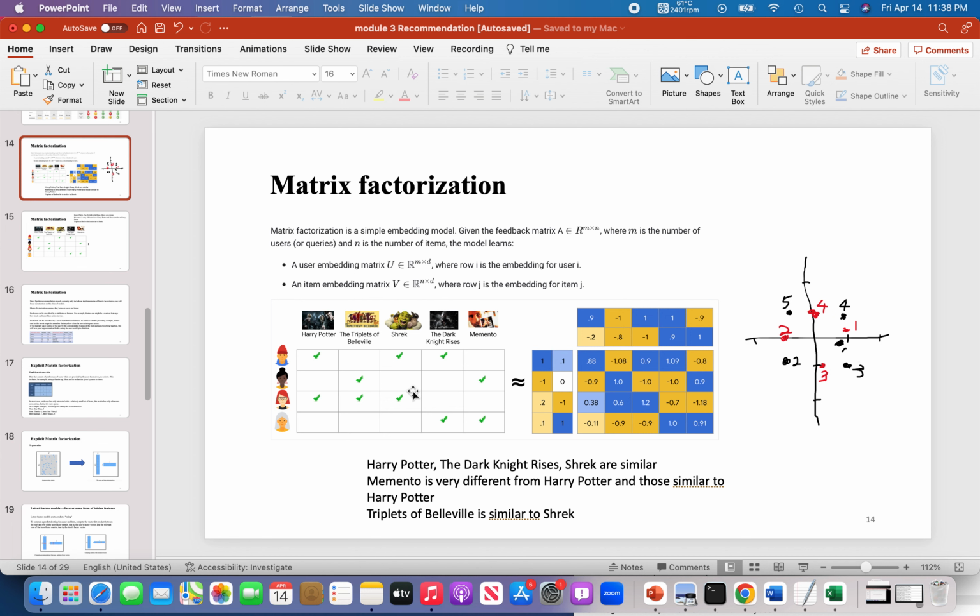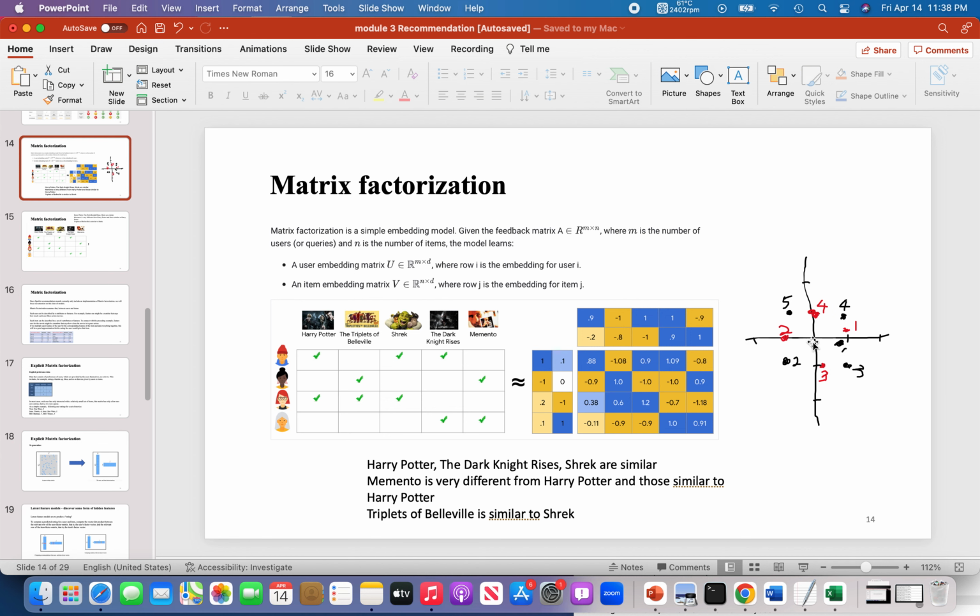Now let's look into the users, and where each user is situated. User 1 has watched Harry Potter, Shrek, and Dark Knight Rises. So user number 1 should not be far away from movie number 1, movie number 3, and movie number 4. The x-axis is 1 and the y-axis is positive 0.1.